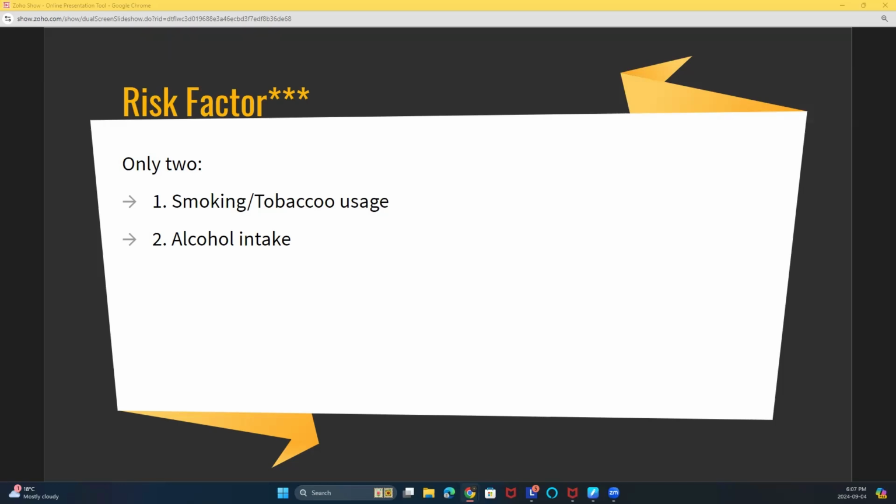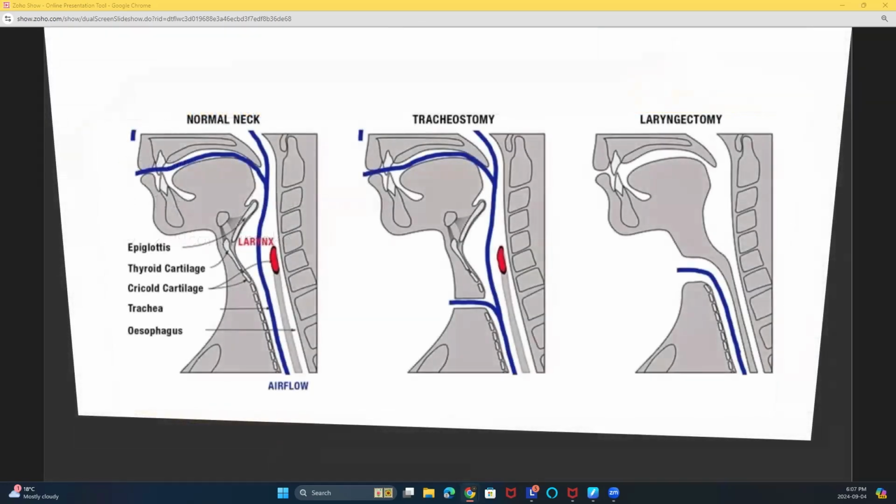Now let's talk about the larynx and the tracheostomy. Normally, if you can see in this picture, students, there is a larynx here. When you are breathing in and breathing out, the blue is the pathway of your breath. Larynx gets vibrated and you can speak. Same thing with the tracheostomy.